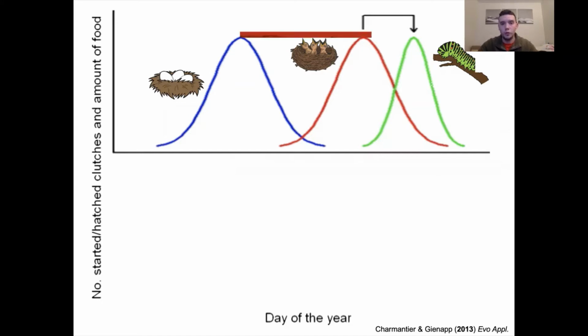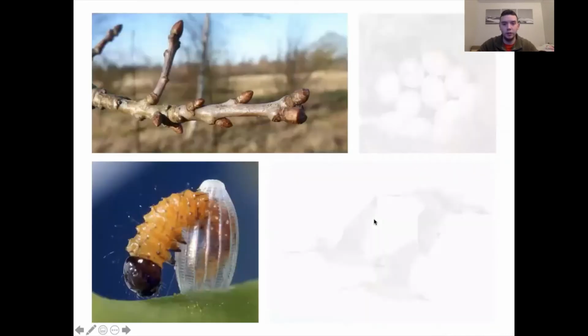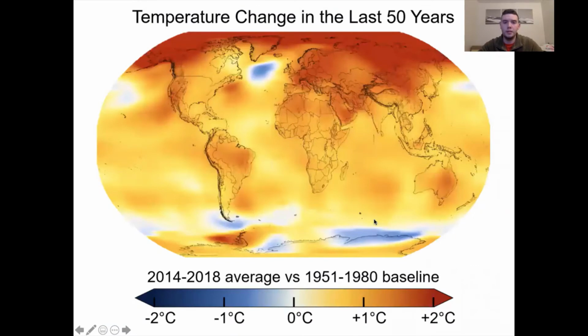Now what we also know is that temperatures have changed quite drastically over the past 50 years. We've seen great warming of the entire globe really, but particularly in these temperate latitudes that we're in, in Europe and North America and Asia.